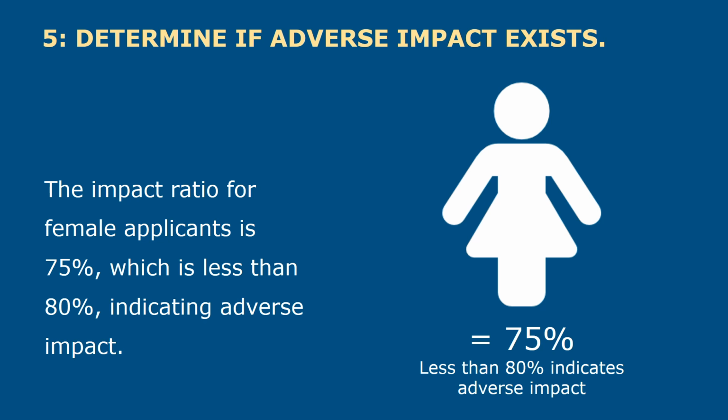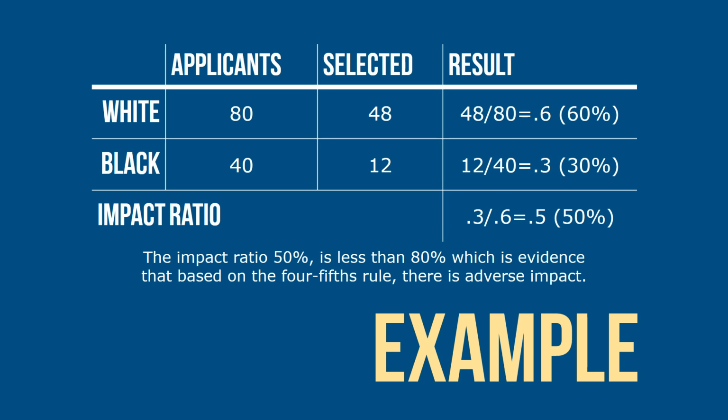Basically, this means that a member of the less represented group is selected for a position less than 80% of the time a member of the most represented group is selected for the same position. Returning to our example, the impact ratio for female applicants is 75%, which is less than 80%, meaning that the policy of requiring police officers to be able to lift at least 100 pounds seems to have an adverse impact on female applicants. To reinforce our understanding of the 4/5 rule, let's take a look at a different example.